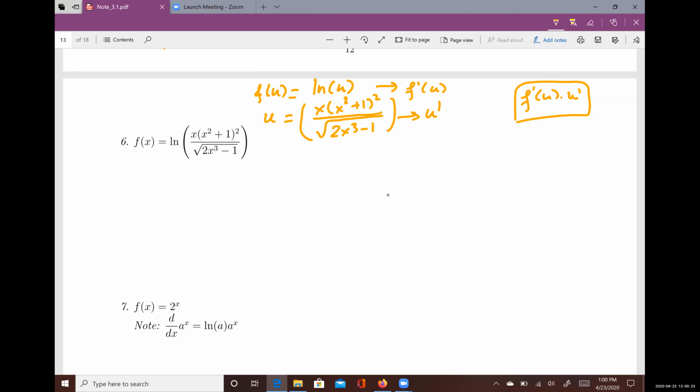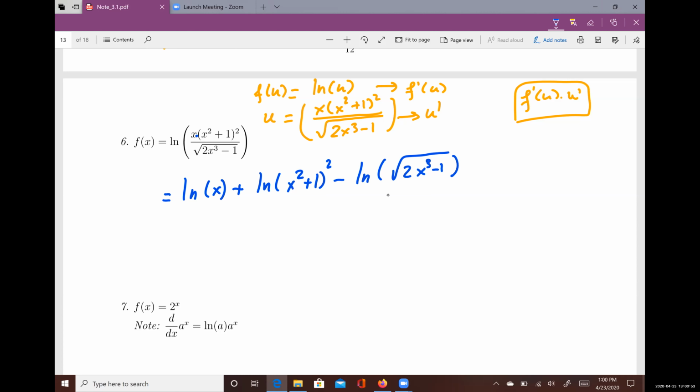So if we want to simplify this function, remember how to expand. You can use the expansion rules of logarithmic functions to simplify it. I have multiplication here and division here, so I know that I can expand: natural log of x, plus natural log of x squared plus 1 squared, minus natural log of the square root of 2x cubed minus 1.